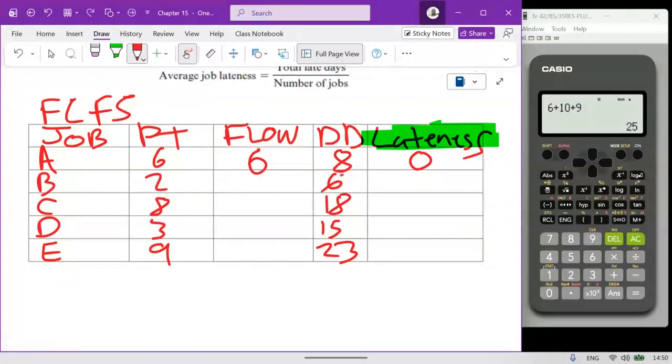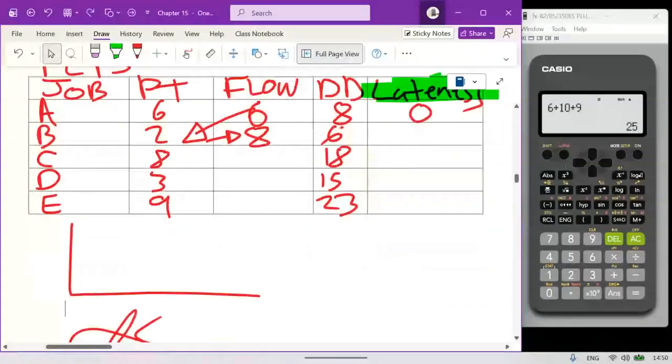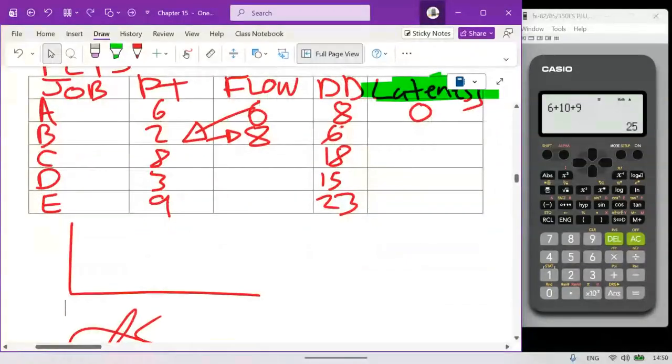So now we have 6 plus 2 becomes an 8. Understand? Because this is more of your Gantt chart. I never thought I would draw a Gantt chart for you guys.